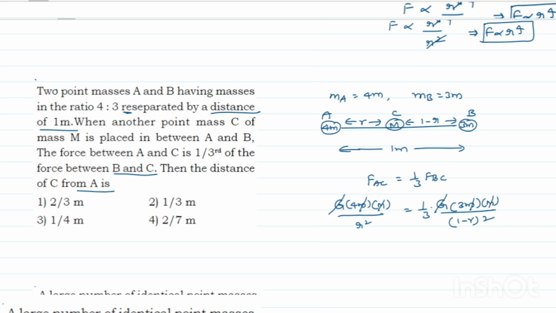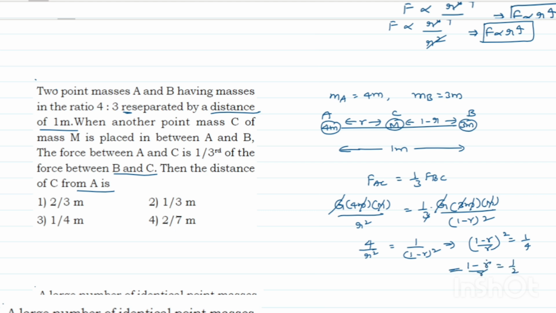On the left side we get 4 by r square, which will be equal to, on this side, 3 and 3 cancel, so we get 1 by 1 minus r whole square. Simplifying, 1 minus r by r whole square equals 1 by 4, and 1 minus r by r equals 1 by 2.